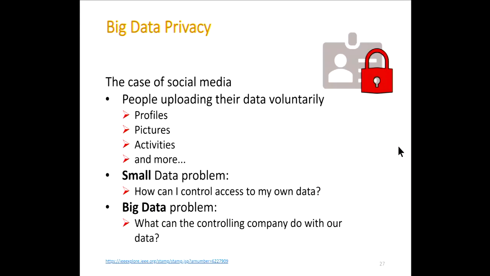So, for the case when you look at the main big data source that's causing a lot of commotion in the privacy area, it is social media. We are unaware that everything we post, which is tagged public on social media, is not ours anymore.